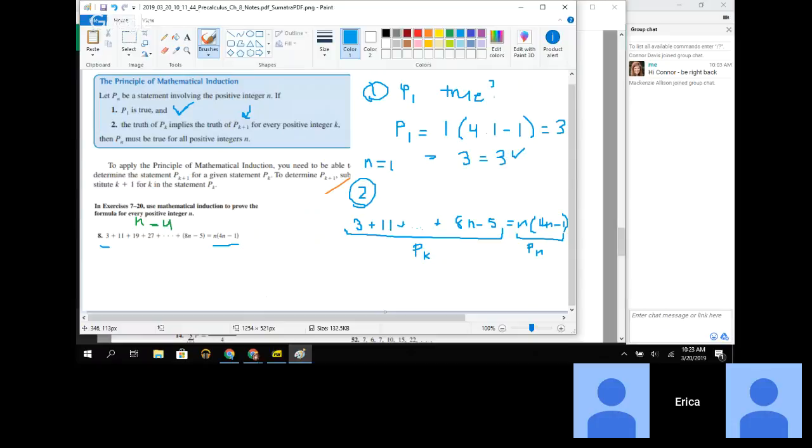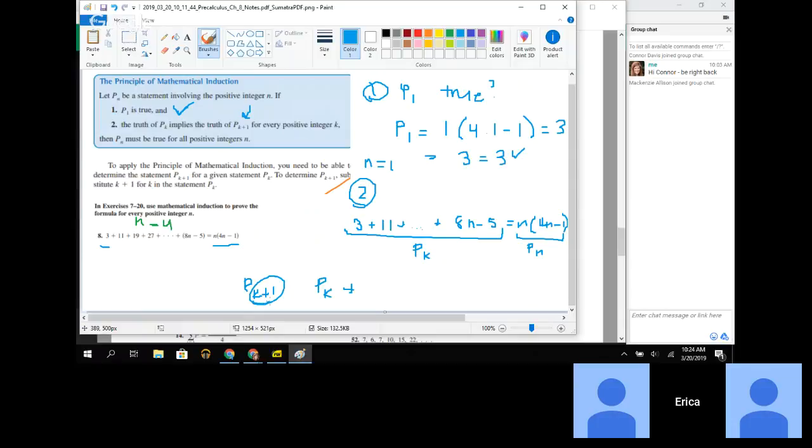On the left-hand side of my equation, I need everything that was in P sub k before, plus I need my next term, because I'm doing P sub k plus 1. So I'm doing the next term in my sequence.